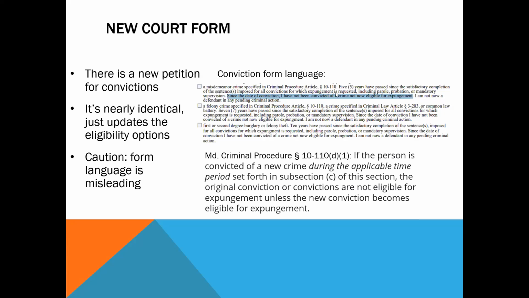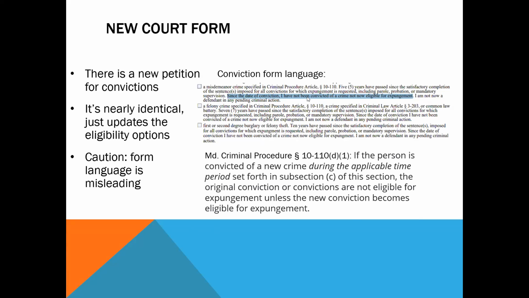It only seems natural to say, okay, I'm double checking the form. My client has this misdemeanor that is specified in the article. It has been 5 years, etc. Certainly any lawyer would think it was good practice to confirm that the box they're checking is actually true information. But the form actually contains, like I said, an incorrect statement.